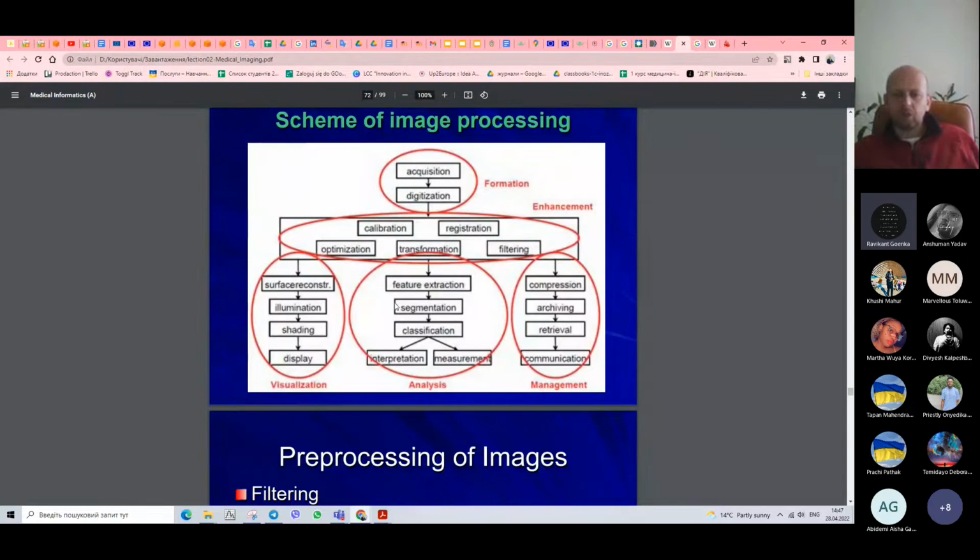The scheme of image processing is present there: acquisition, digitalization, calibration, optimization, transformation, registration, and filtering.